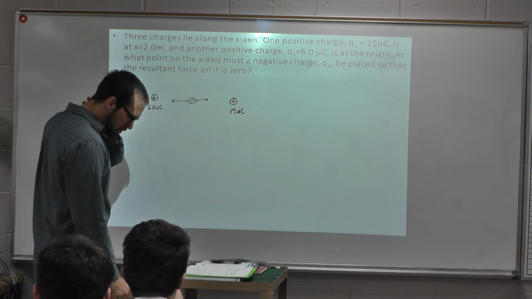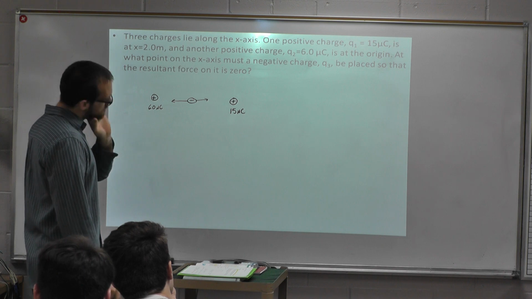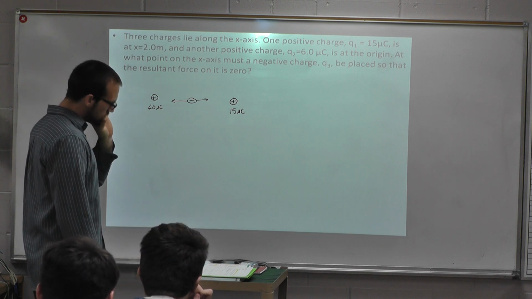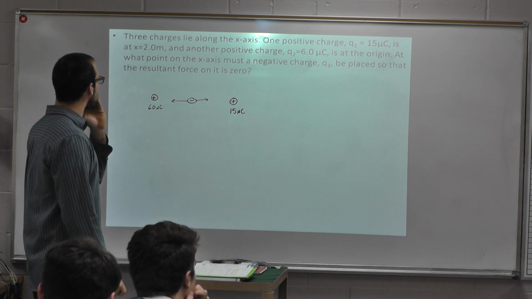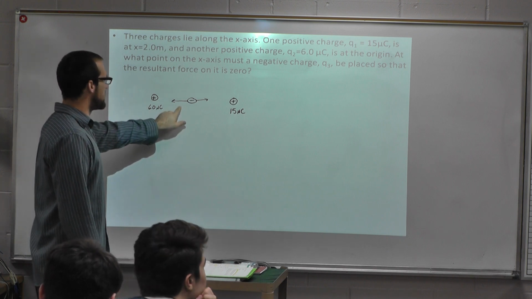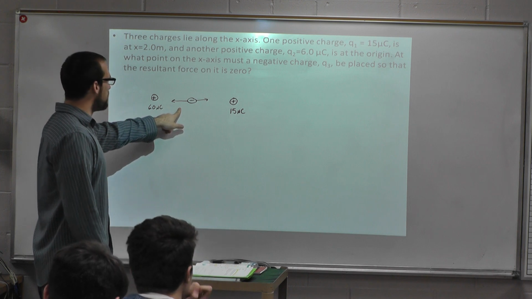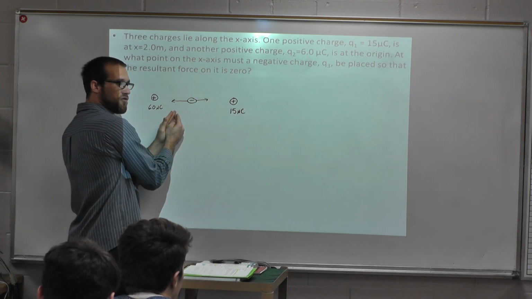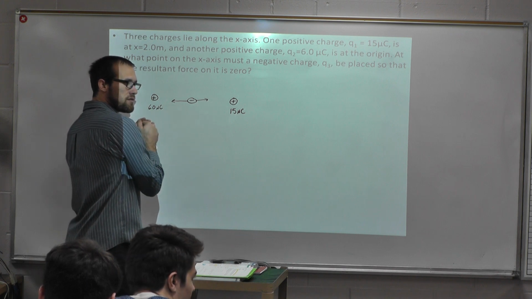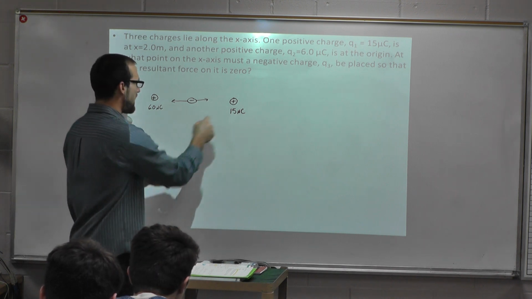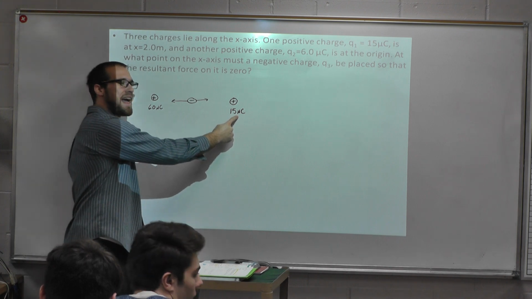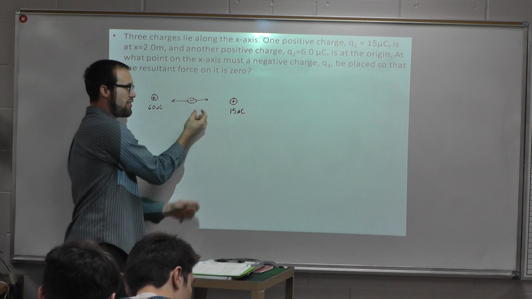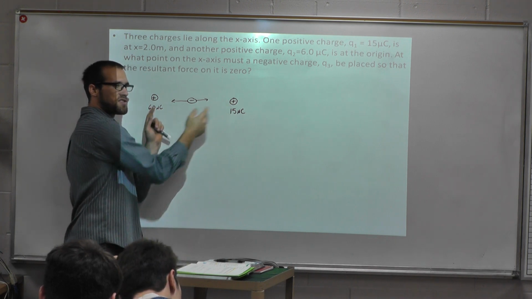Wait, are they both microcoulombs? Yeah. It's gonna be closer to the 6. Why would you be closer to the 6 when the 15 is stronger? Because this is a stronger charge. If I get further away from it, it weakens that force. Yeah, this one's going to pull more, but to get it at equilibrium, I want it further away so that the force that both of these exert are equal.